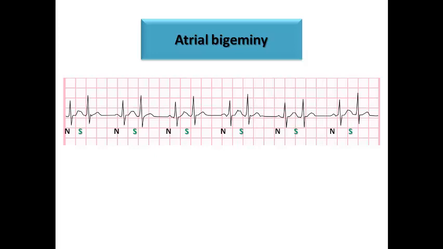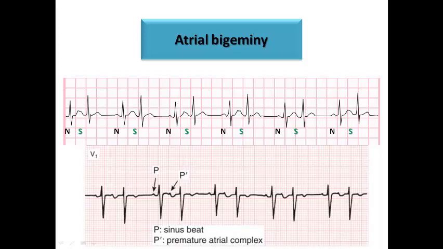So this is what we call atrial bigeminy, and this is the same example here in the ECG below. As we see, the P wave morphology of the PEC is different from the P wave morphology of the sinus rhythm. So that's called atrial bigeminy, and of course on examination we could detect this as pulsus bigeminy, which can be detected by examination.